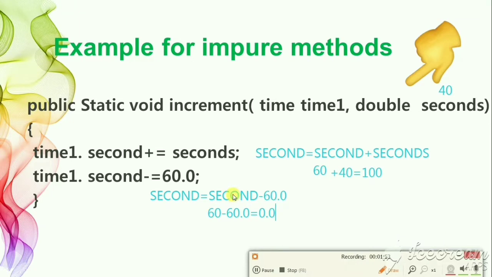Now see here, this is called an impure method. Impure methods are also called modifier methods. They change the state of the arguments received. So it is an impure method as it is modifying the arguments received. But in pure methods, it is neither modifying arguments nor printing anything, whereas here it is modifying the arguments received. So this is the difference between pure and impure methods.